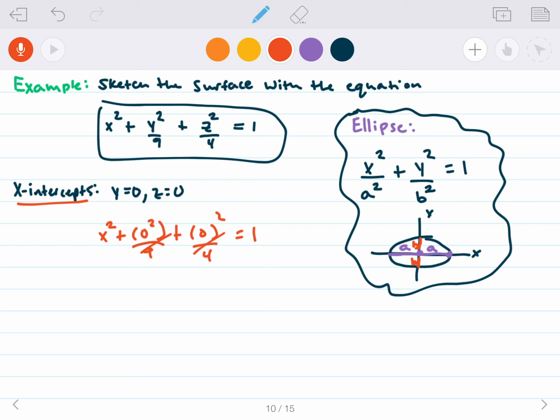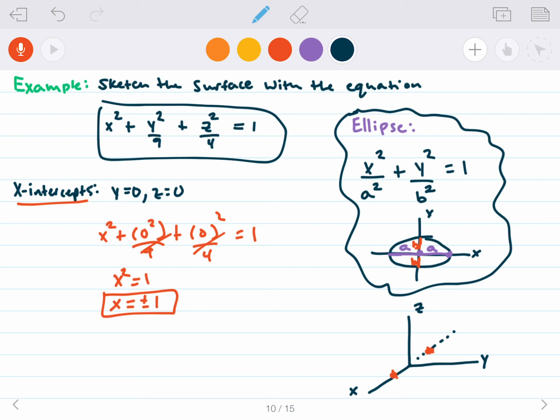These go to 0, x squared equals 1. Take the square root of both sides, and I get my x-intercepts are plus and minus 1. Okay, so I'll just go ahead and draw that real quick. So z, y, x.